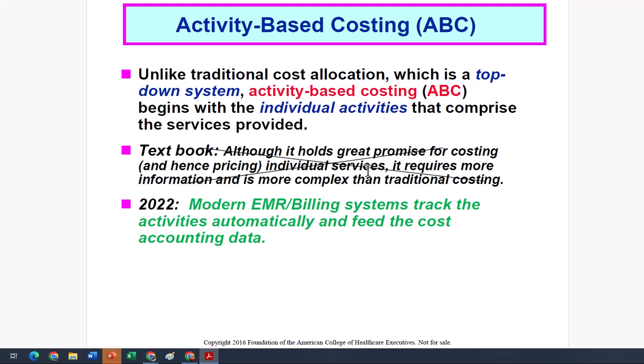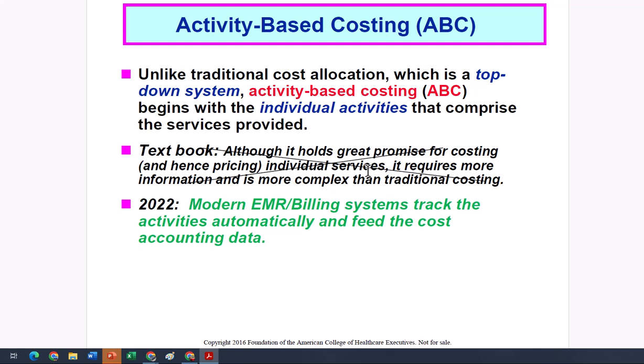The textbook's a little behind, maybe an updated version. This is made possible with modern EMRs. This would be very difficult and very expensive before EMRs really became what they are today. People would hire consultants, and they still do to some extent, to measure how much time things took.